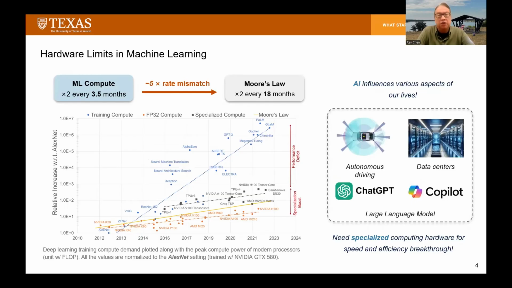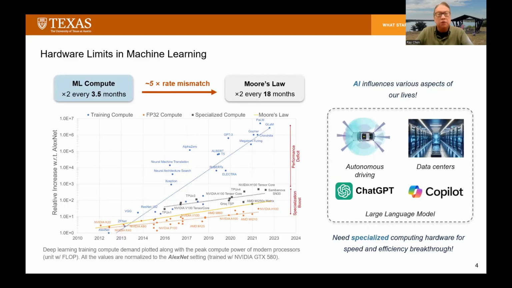GPT-3 used thousands of GPUs for weeks, and over a thousand megawatt hours of energy. The plot on the left shows why the previous trend is unsustainable: the demand doubles about every 3.5 months, which is about 5 times faster than Moore's law.